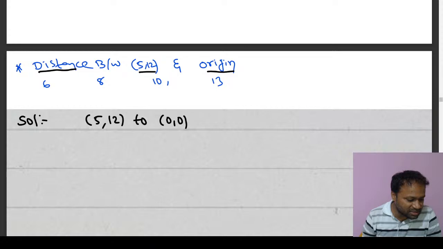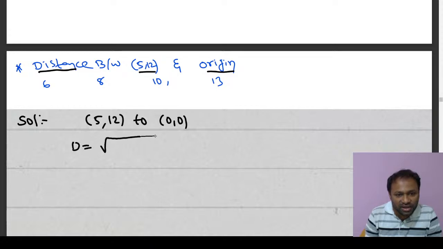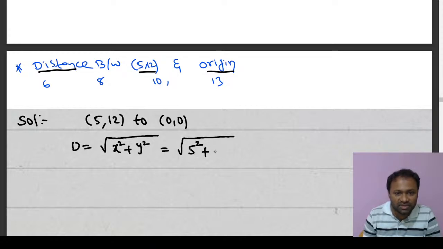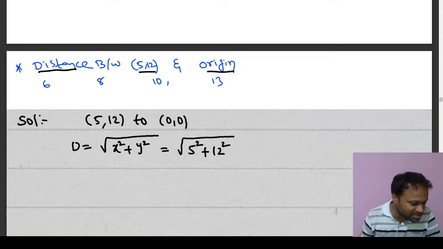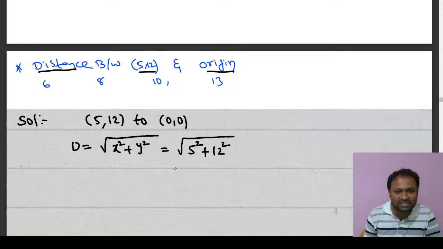Distance from origin, yes, we have the formula. D is equal to under root of x square plus y square, that is equal to under root of x square is nothing but 5 square plus y square is nothing but 12 square. Yes, that is correct. 13 is correct.